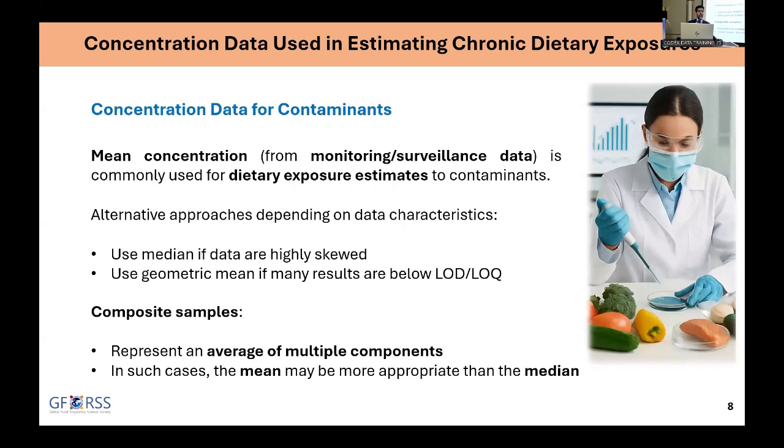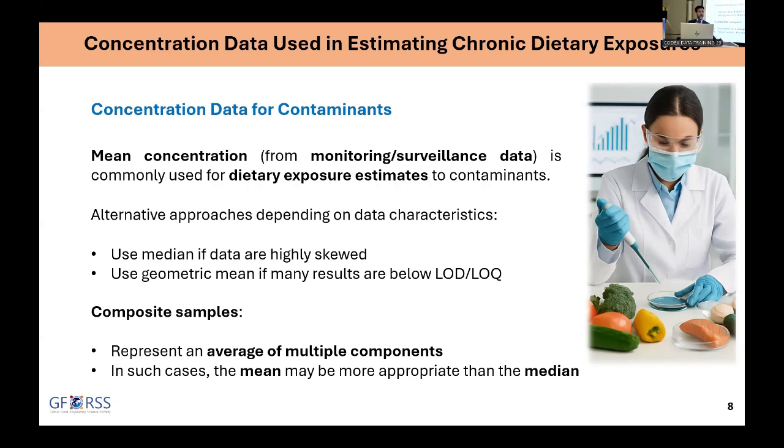And now the situation of contaminants, right? When we speak about contaminants, we are speaking about unintentionally occurring chemicals in our food. So we're not discussing here why it's occurring. Normally for this situation of contamination, we tend to use average concentrations in order to perform the calculations. Why? Because they give a good representation for chronic situations.